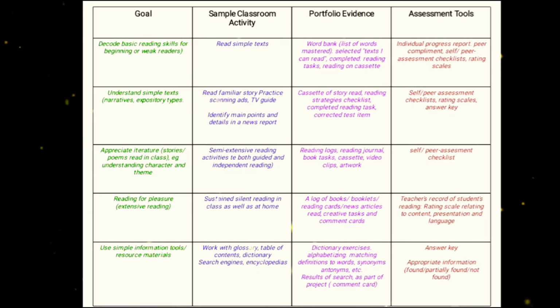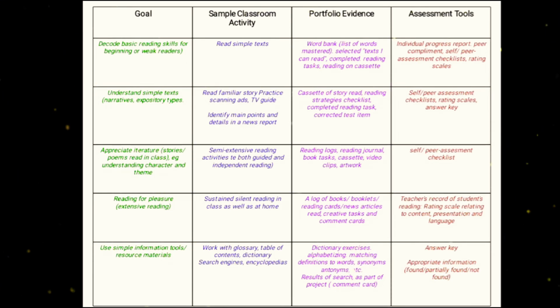So dito sa goals, we have decode basic reading skills for beginning or weak readers. So ang sample classroom activity na maaaring gawin natin as educator is start muna tayo dun sa basic, which is read simple text.